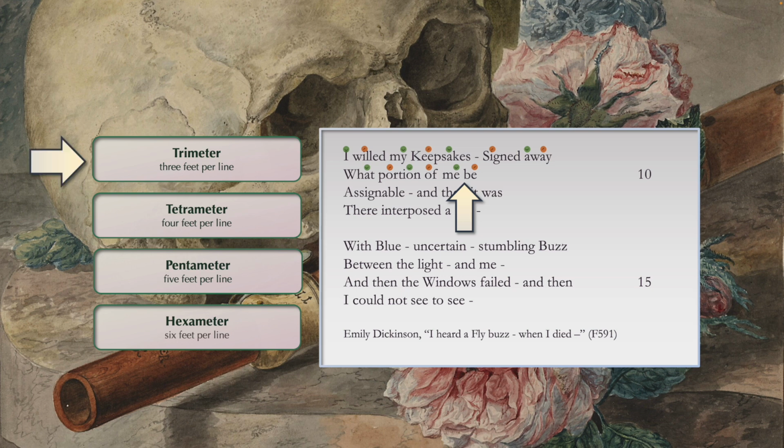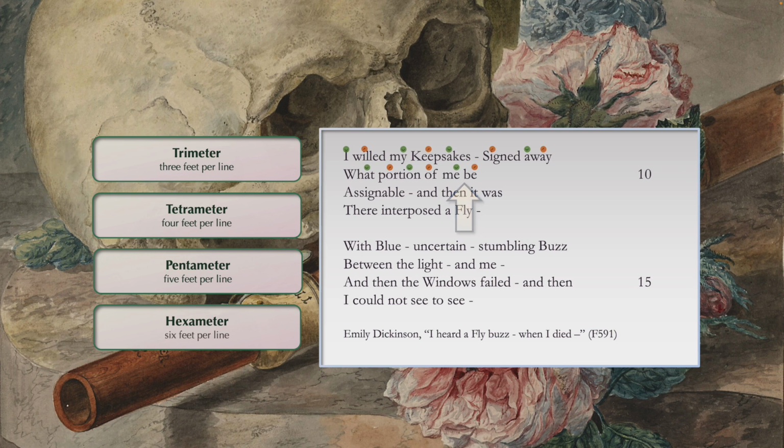So iambic trimeter. And in fact, this poem is in a measure called the ballad stanza, which is alternating lines of tetrameter and trimeter. And Dickinson in this case uses iambs.